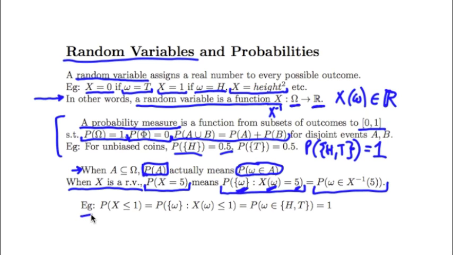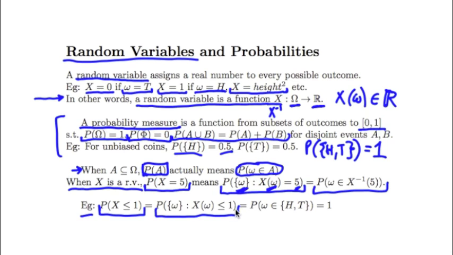As an example, I can ask what is the probability of X less than or equal to 1 for my coin experiment. Well, this is the probability of all those outcomes such that X of omega is less than or equal to 1, because X of omega is a real number.